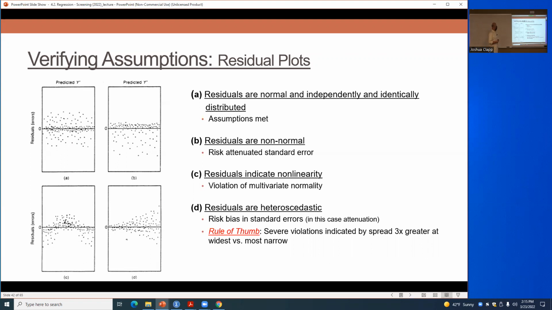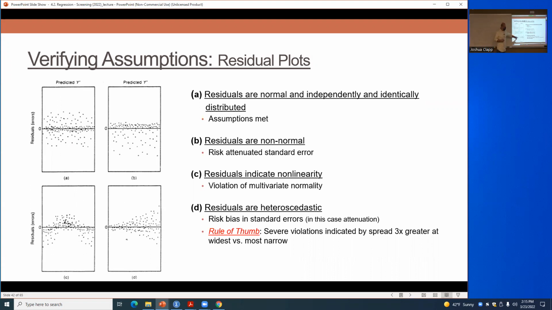So we want to see normally, independently and identically distributed residuals. We want to keep an eye out for residuals that are non-normal, okay? The mean of your residuals will always be 0, but we'll sometimes see things starting to skate down like this, right? So we want to take a look at normality of our residuals, both on the conditional distribution and the marginal distributions.